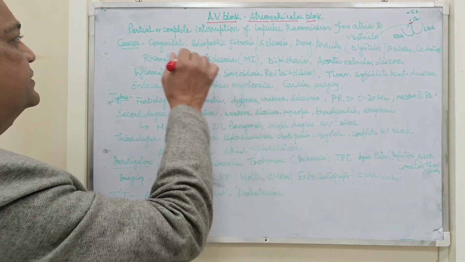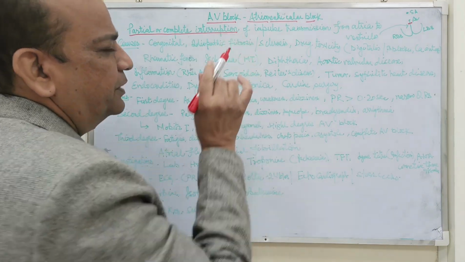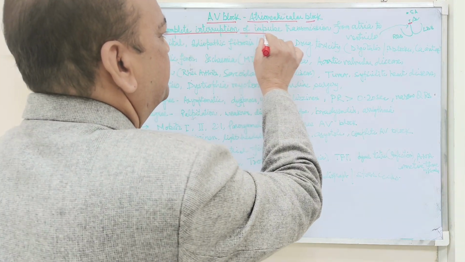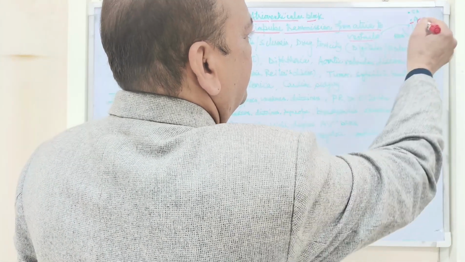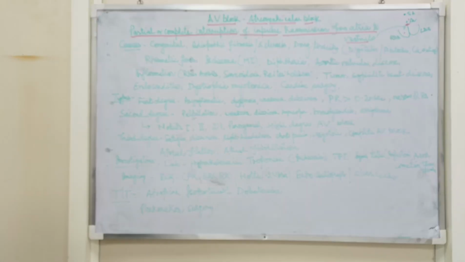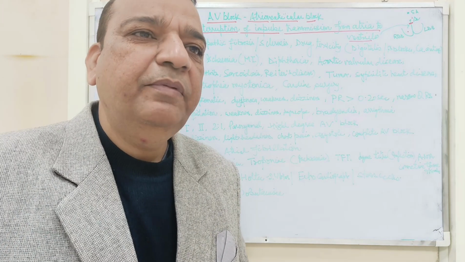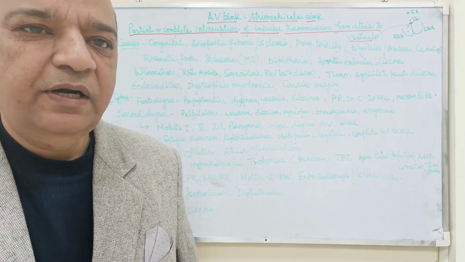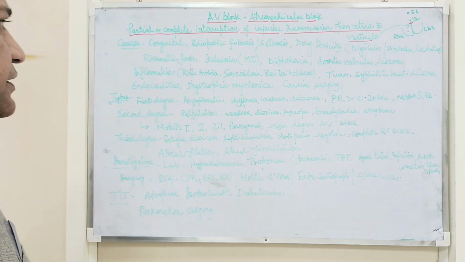The definition is partial or complete interruption of impulse transmission from atria to ventricle. Based upon this, AV block is divided into three categories: first degree, second degree, and third degree. We will discuss later on.